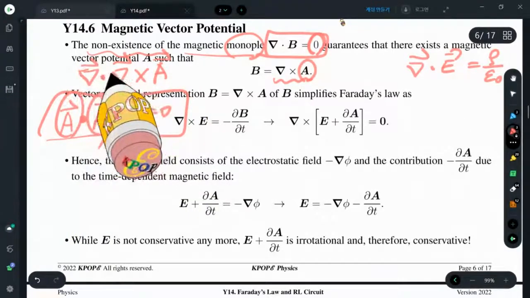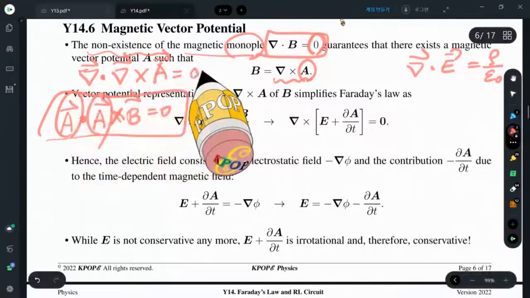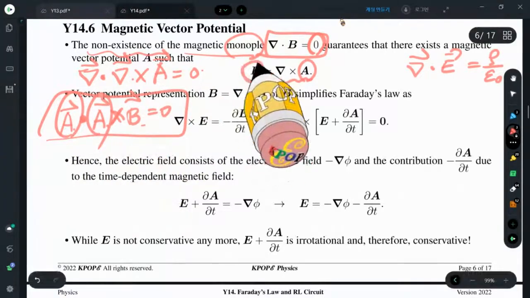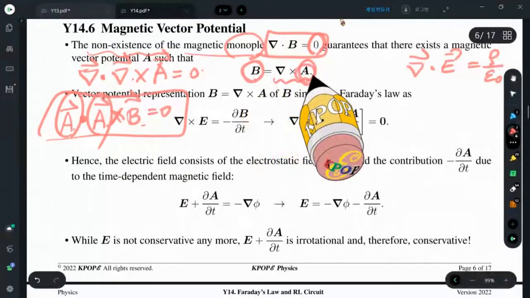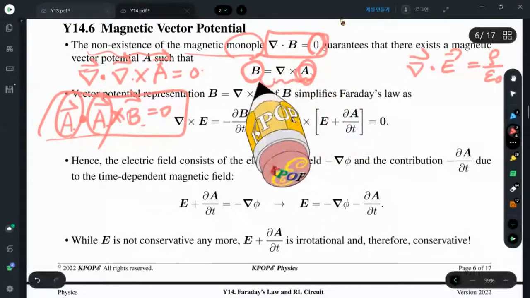The gradient operator dotted with the curl of a vector field is always 0, just like a triple scalar product. So if there is a magnetic field, we call this one the magnetic vector potential. Curl A always exists, and that is identical to B.